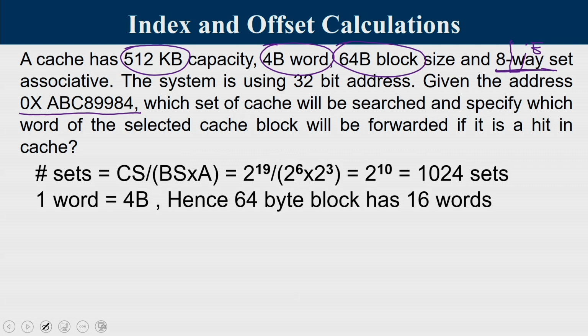The number of sets is cache size divided by block size times associativity. Here you have a cache of 512 kilobytes, that is 2 power 19, divided by block size, which is 64 bytes, that is 2 power 6, times associativity, 8-way, so 2 power 3. The answer is 2 power 10.